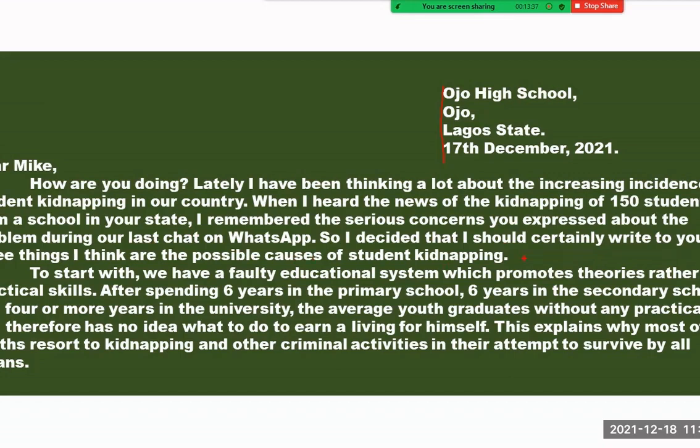Now, you can see what we have done here. We have given a background to this letter, why this letter became necessary. This is what your introductory paragraph should do in any composition you write, whether it is letter writing, composition writing, article writing, or speech writing.